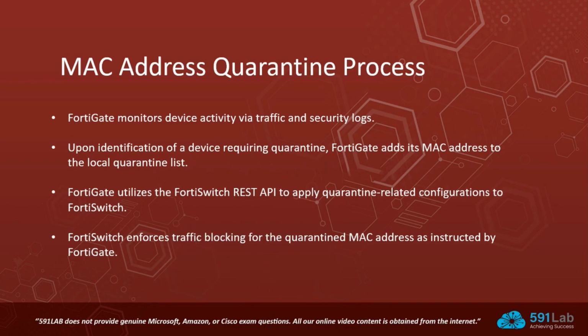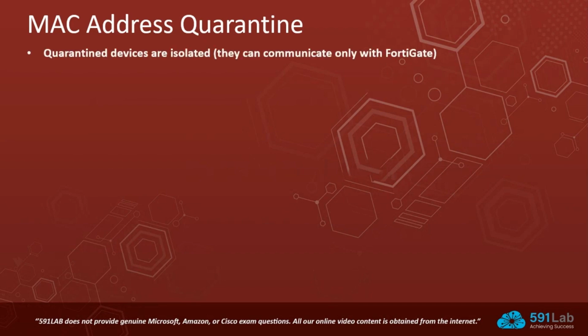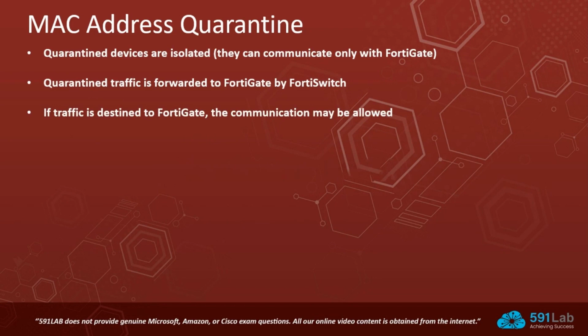For the other traffic, the communication is blocked by FortiGate. There are two options to quarantine devices by MAC address: manually and automatically. Note that automatic quarantine requires a FortiAnalyzer device with a valid threat detection service license.